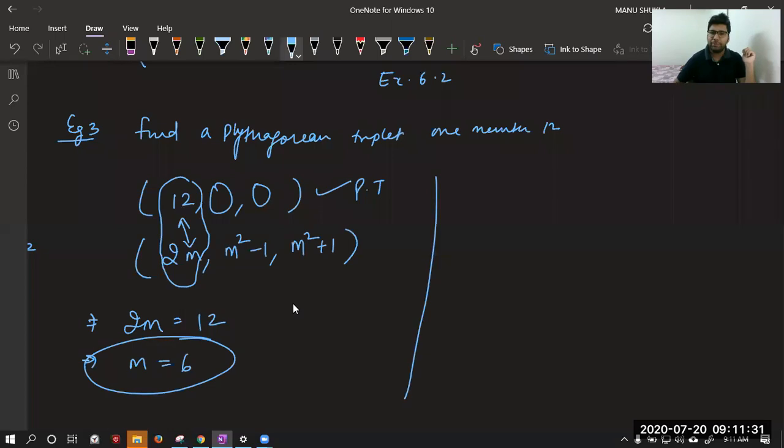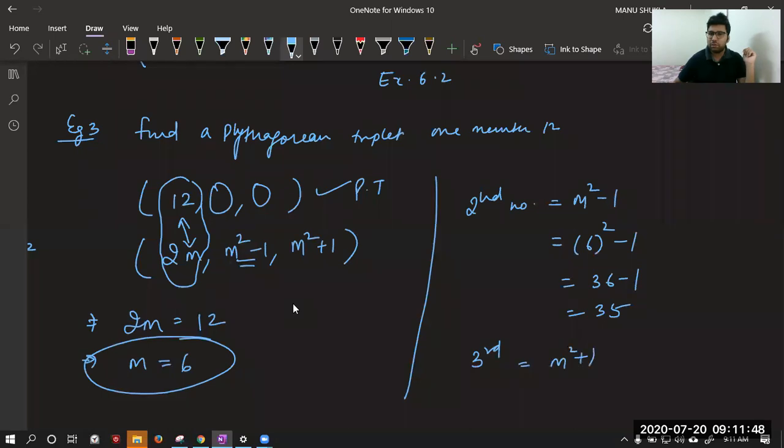So the second number is m squared minus 1, that is 6 squared minus 1, 36 minus 1, 35. And the third number will be m squared plus 1, that is 6 squared plus 1, which is 37.